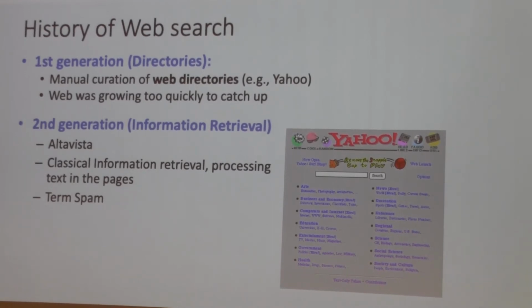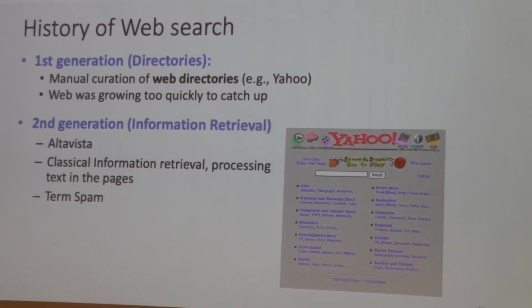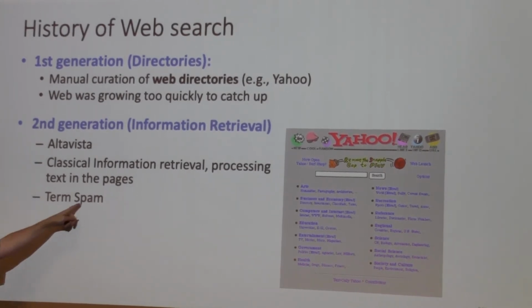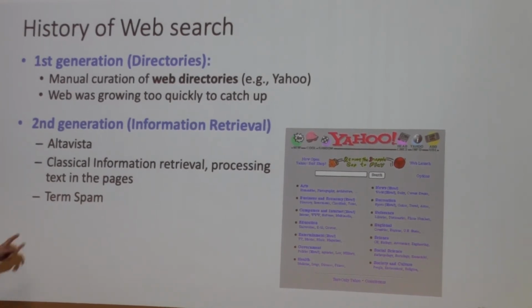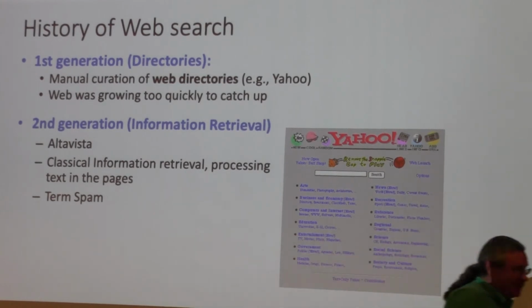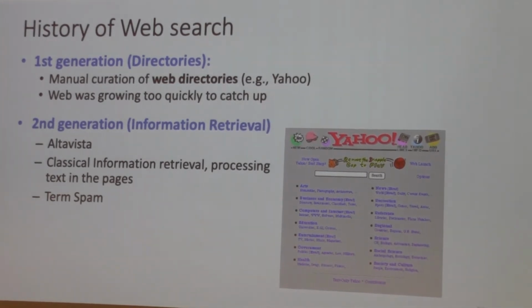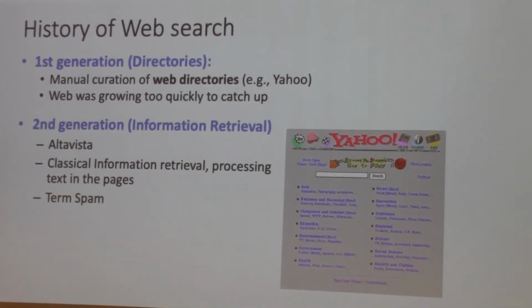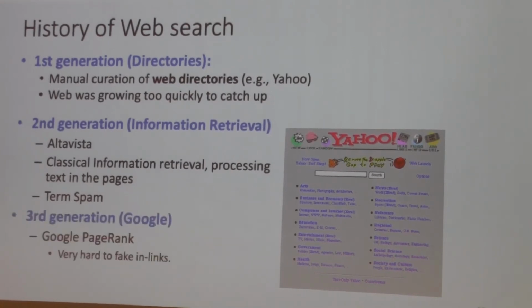I actually used it, a very long time ago. Here you can actually spam it, you can cheat, you can do something called term spam, which I will explain how it works. But the second generation was still not very good.